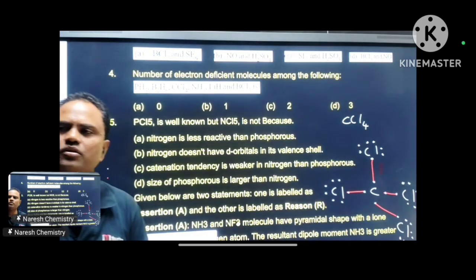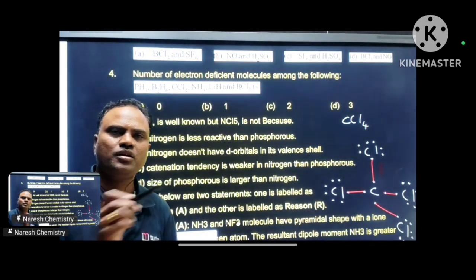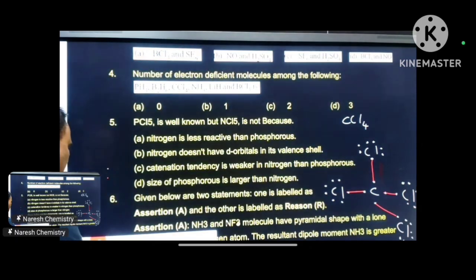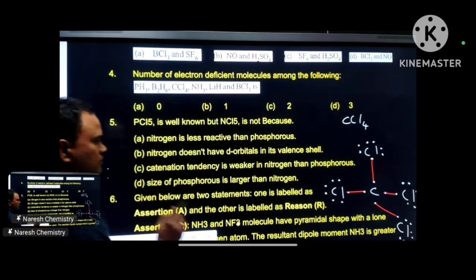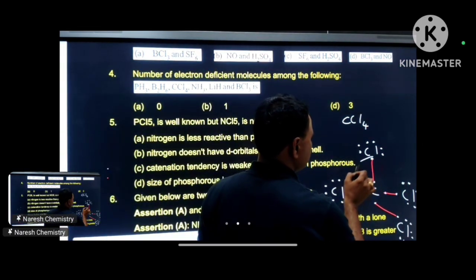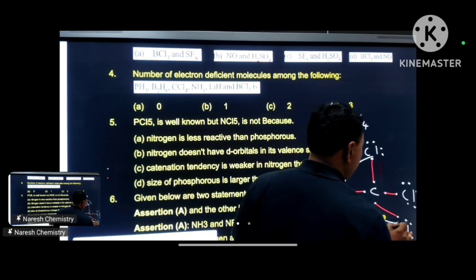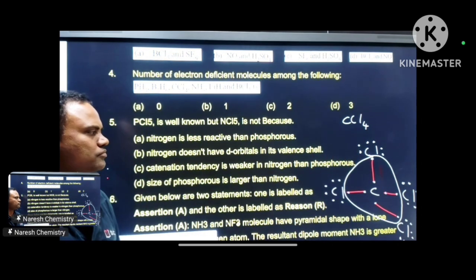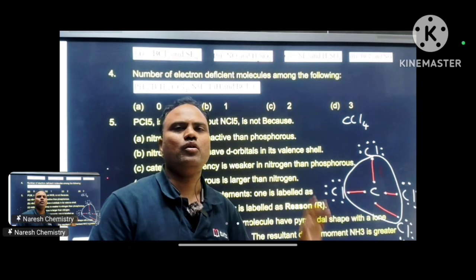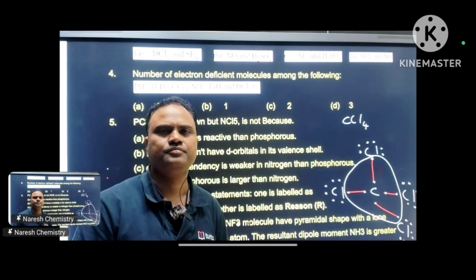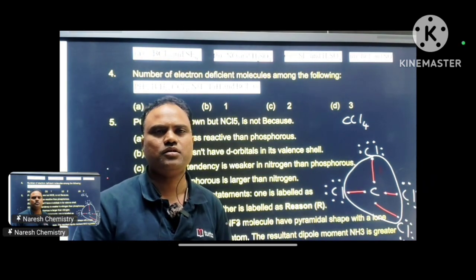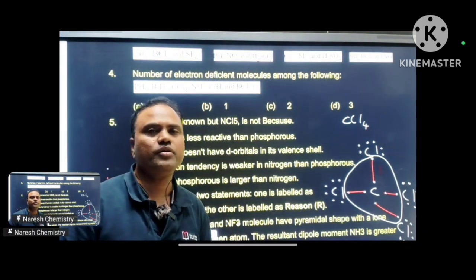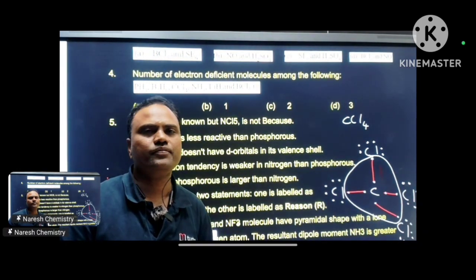After that, draw the circle including the bonds. In this circle, how many electrons are present? 8 electrons are present, so CCl4 has an octet. We completed one very important model question of NEET.